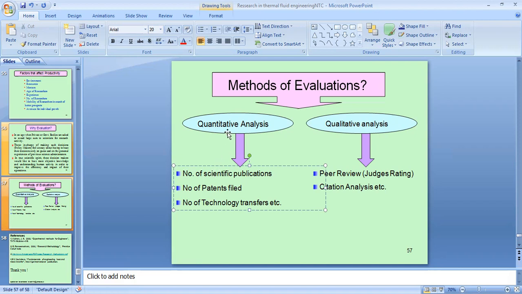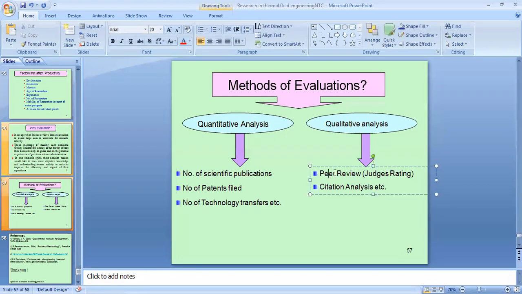Then we do the two-way evaluation. Please understand, one is quantitative, one is qualitative. In quantitative, we see the numbers, like how many research papers are published, how many patents are filed, how many technology transfers are done. But sometimes numbers may not give the proper idea, so we also have to check for quality.